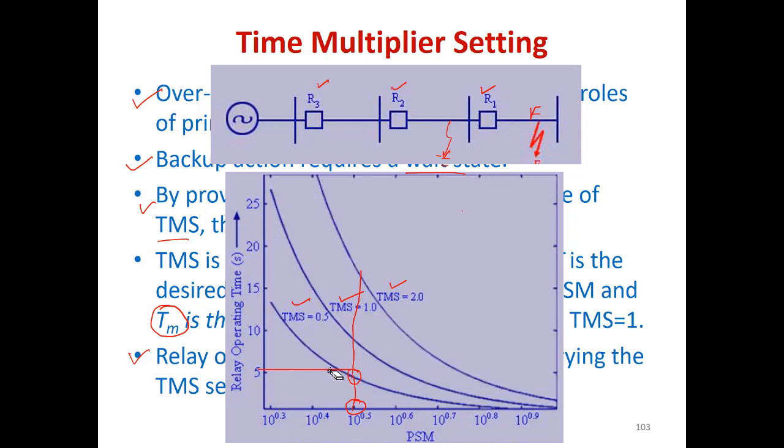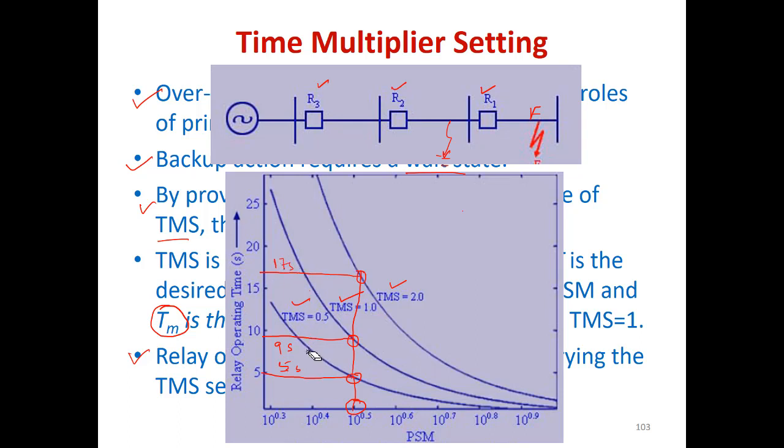You can see when the TMS is 0.5, the operating time is here at 5 seconds. When the TMS is set at 1, your operating time is somewhere around 9 seconds. And when your TMS is 2, your operating time becomes somewhere here, maybe around 17 seconds.